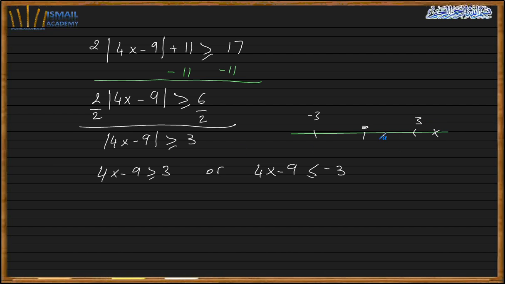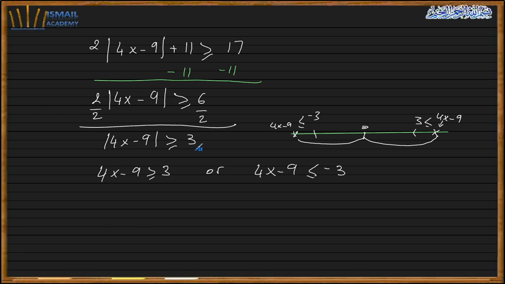So either I have 4x minus 9 here, or I have 4x minus 9 here. So either 4x minus 9 is greater than 3, and here 4x minus 9 is less than minus 3 because it comes after the negative. This is how we can open the absolute value in that case.